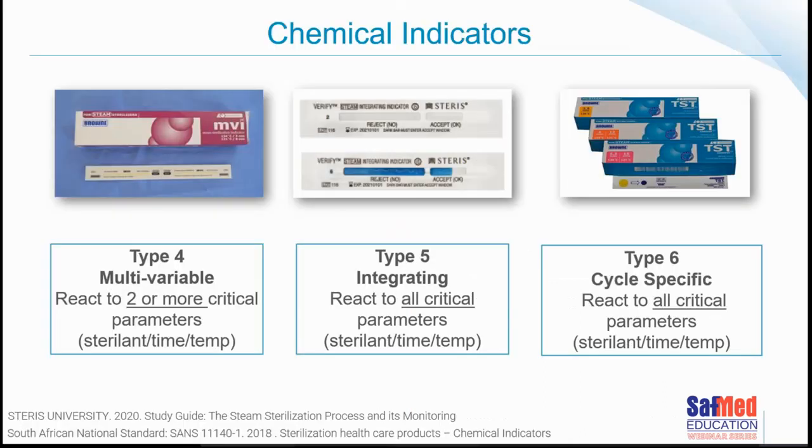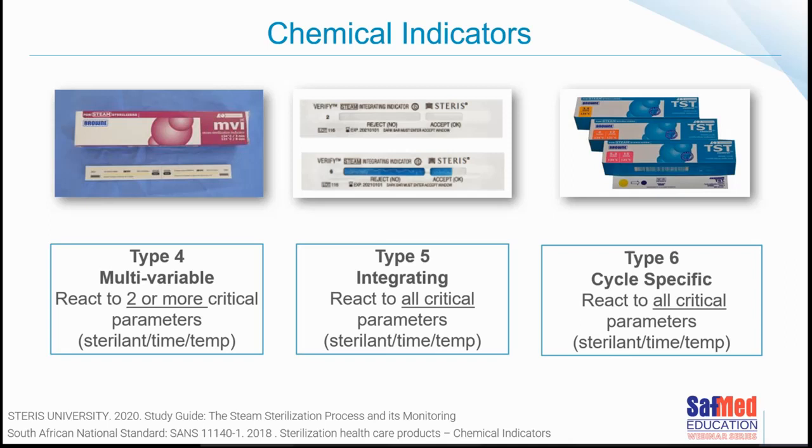Let's go on to discuss a little bit more about the differences and the nuances between the different types, type 4, type 5, and type 6. Type 3 chemical indicators are seldom used in the South African setting, in fact, seldom used internationally as well in healthcare settings anymore. So we'll focus then on type 4, type 5, and type 6. Type 4 are often referred to as multivariable indicators. That's the correct term in the standard.